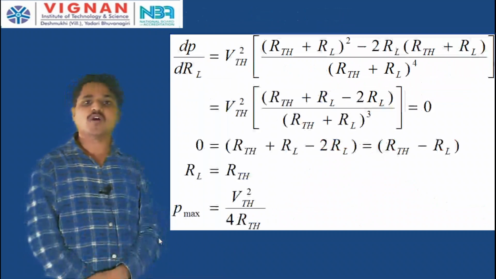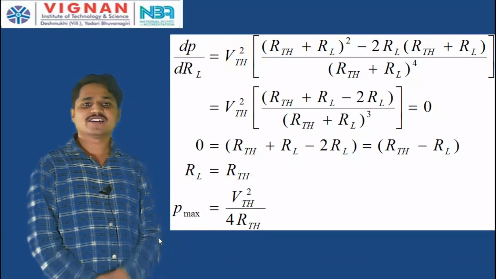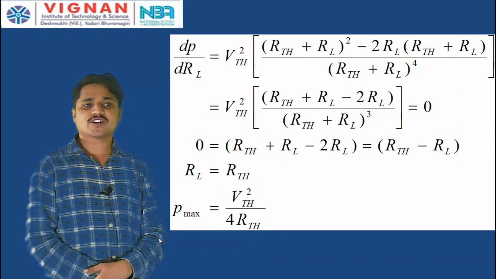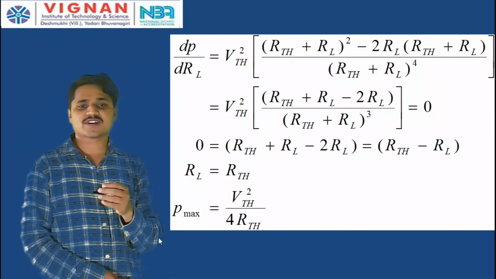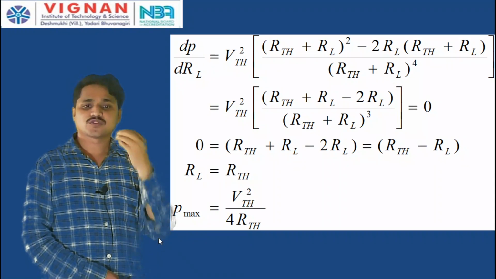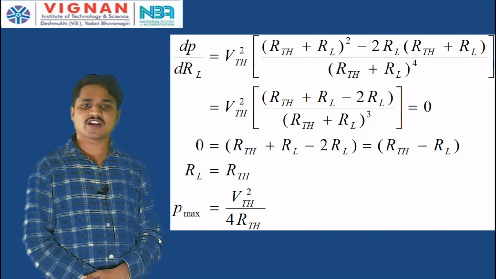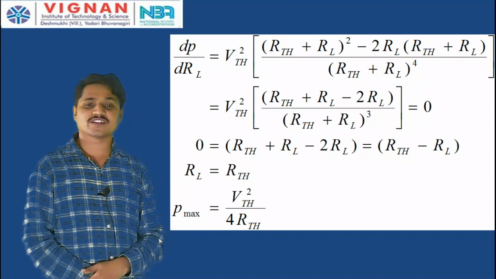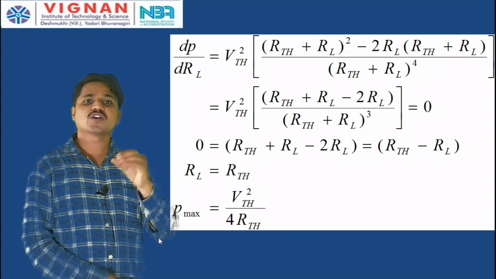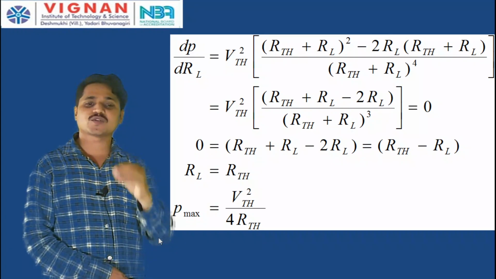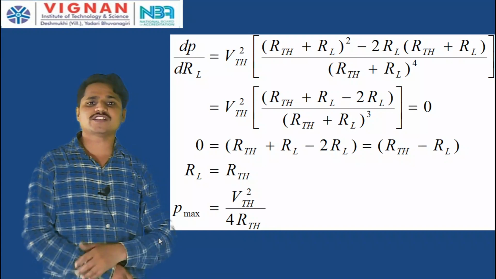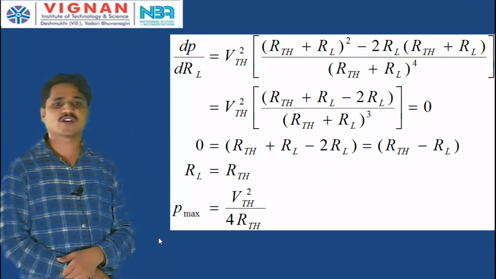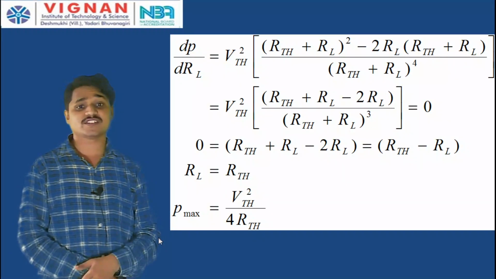So, let us derive this condition. When I told you the statement, the maximum power is transferred from source to load when the load resistance RL is equal to the source resistance. It is not that source resistance is equal to load resistance; it is load resistance equal to the source resistance. It means the load is always varying, the load is not constant, but the source resistance is constant.